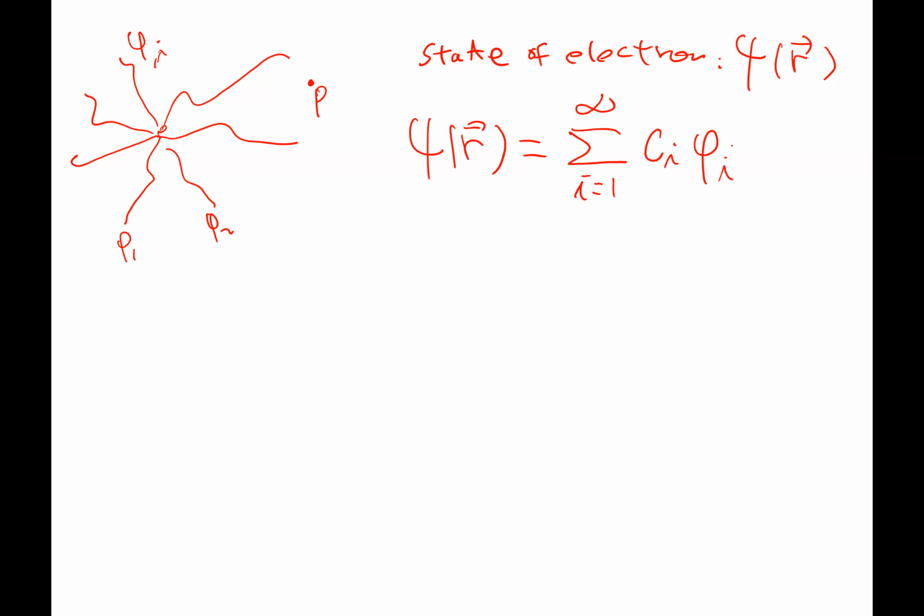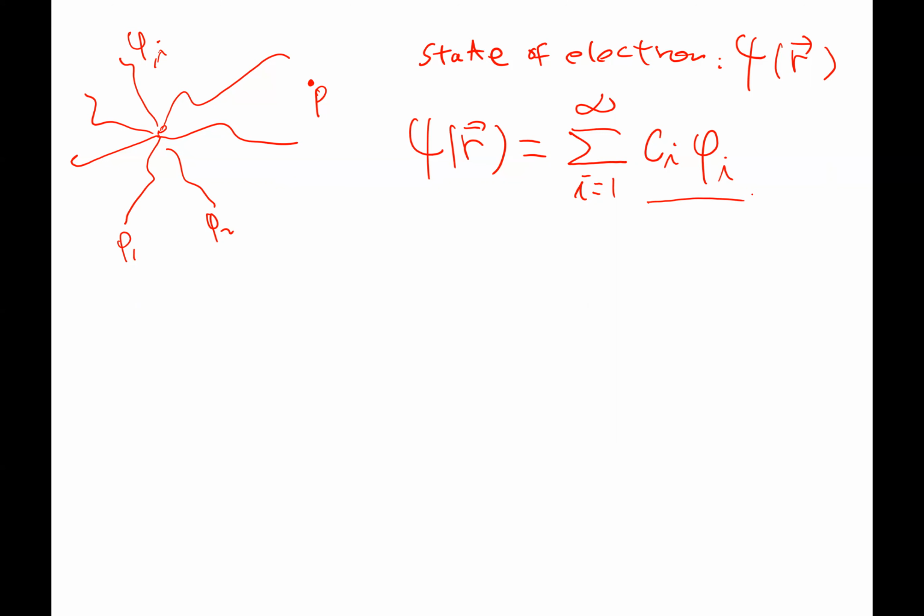Okay, so if we can find a suitable phi i, this means we have an infinite number of these, right? This is called a basis. If we can find a suitable basis, then we should be able to express the state of electron in this very simple way, right? So Ci is basically a complex constant, a coefficient.